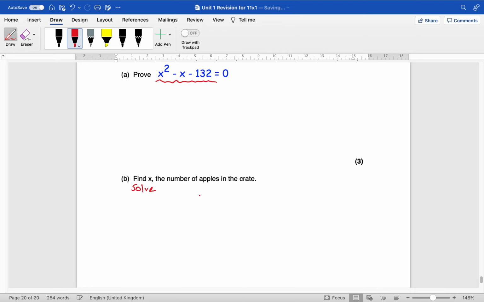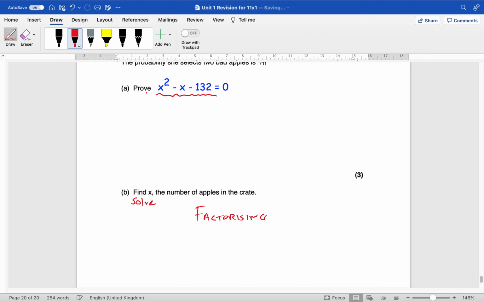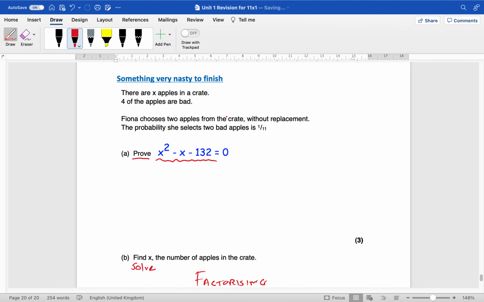Okay, so this is where you would do your factorizing, not in part A. Part A doesn't say solve, part A just says prove it, so we've got to look at the picture or read the writing or do something and work with it, okay?